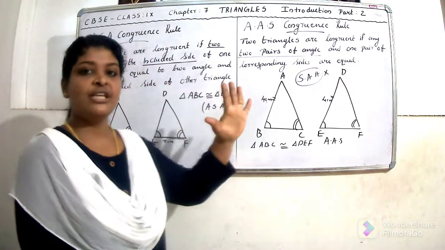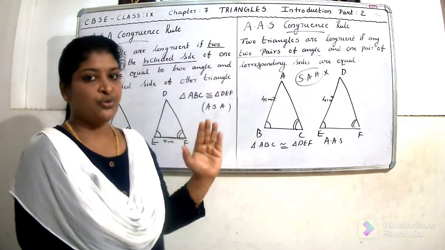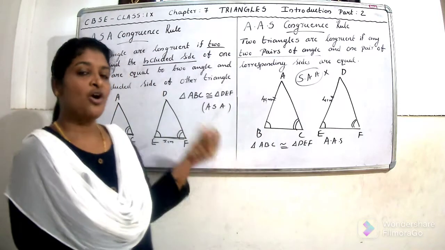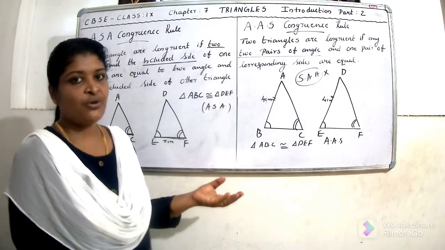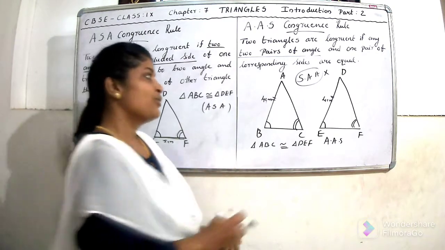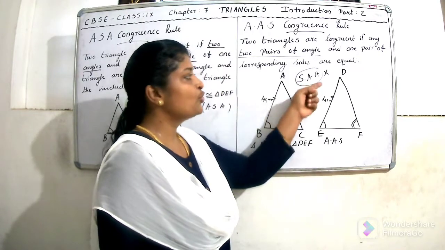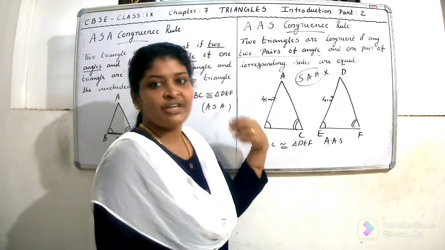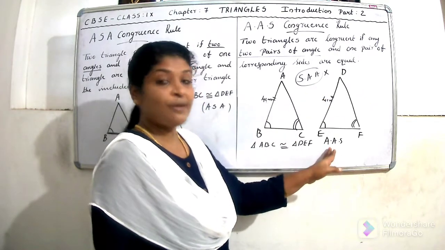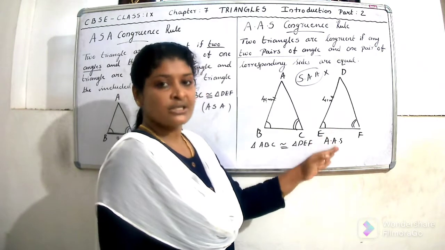Only 5 criteria are provided, and with the help of those 5 criteria only we can prove the congruency of triangles. We can't shift the letters here and there. AAS means 2 angles and 1 side. You may be thinking of another way, but it is not correct. In the same order as provided, we have to take angle, angle, side.